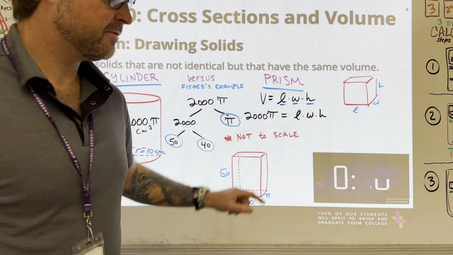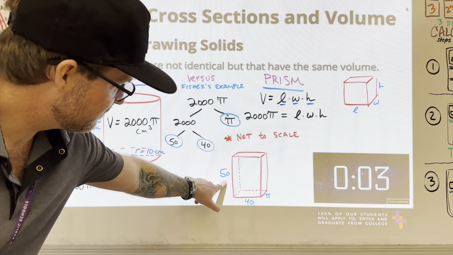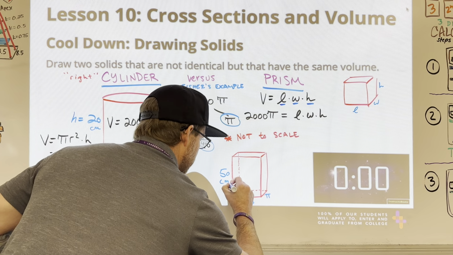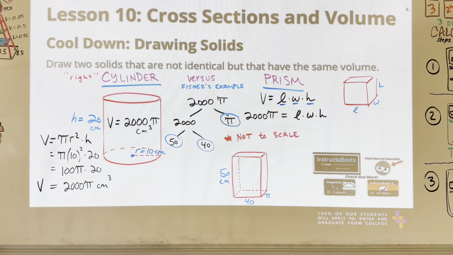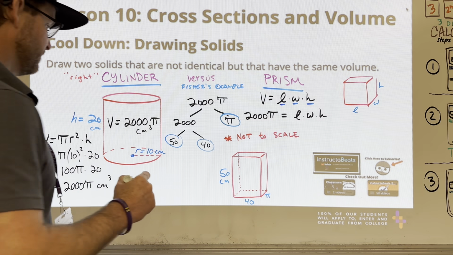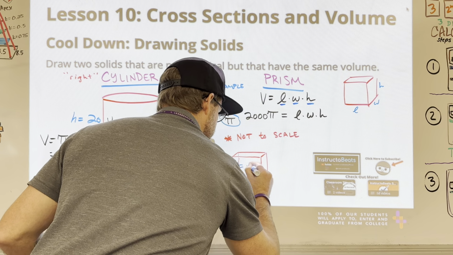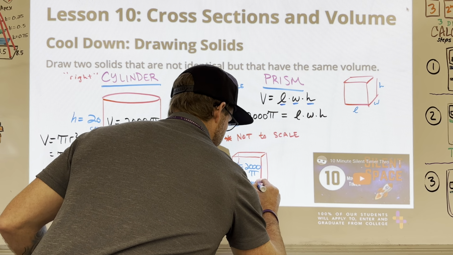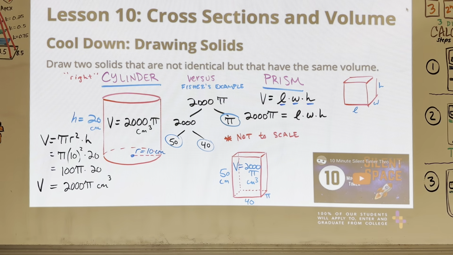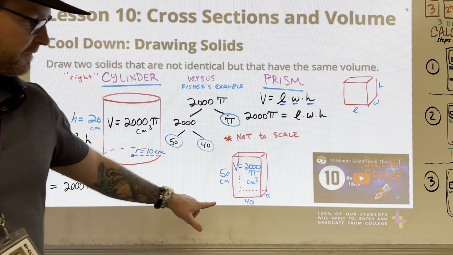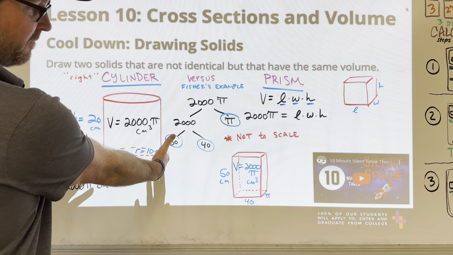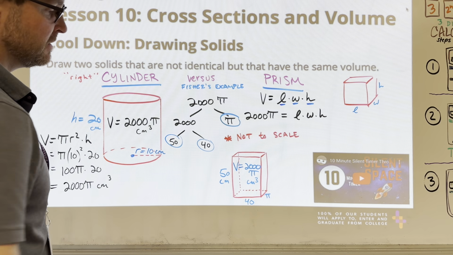You now have a prism, 50 centimeters by 40 centimeters by pi centimeters. This volume also equals 2,000 pi cubic centimeters. Now, if this was drawn to scale, it would have about the same volume as this cylinder.